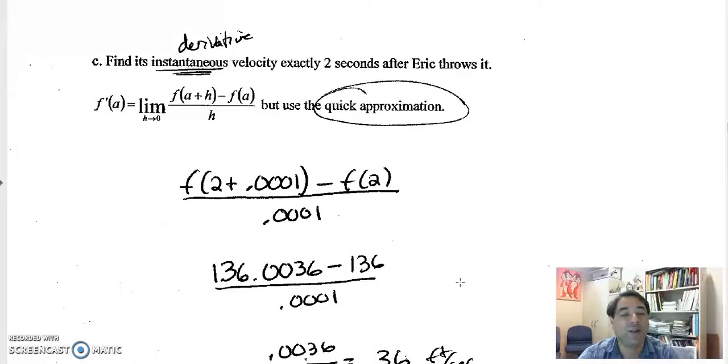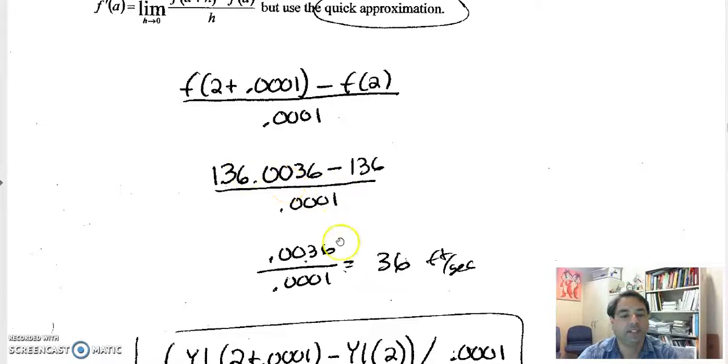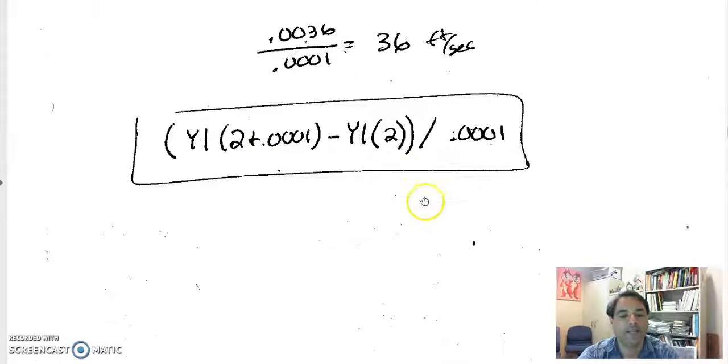Now I want to find out what's happening at exactly 2 seconds using the quick approximation. So if we want to freeze time at 2 seconds, f of 2 plus 0.0001 minus f of 2 over 0.0001. Let's see, we can do it in the calculator. There's all the steps.